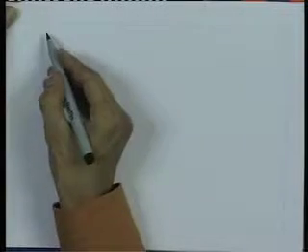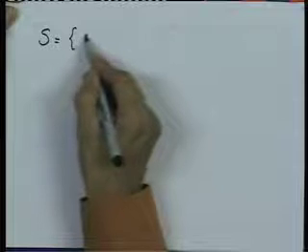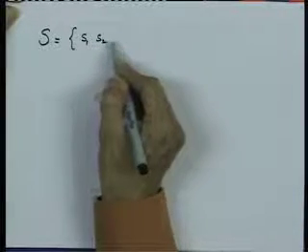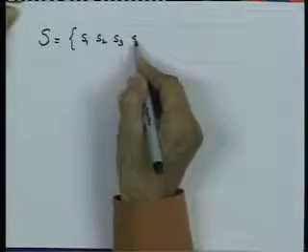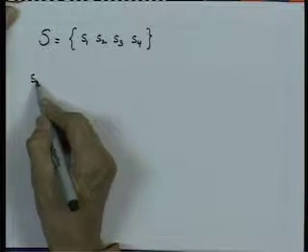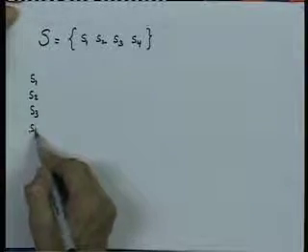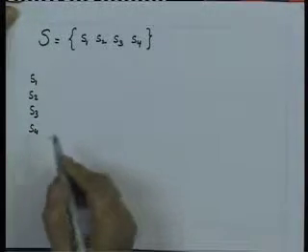Let us assume that I have a source consisting of 4 source symbols, and for this source I have different codes.